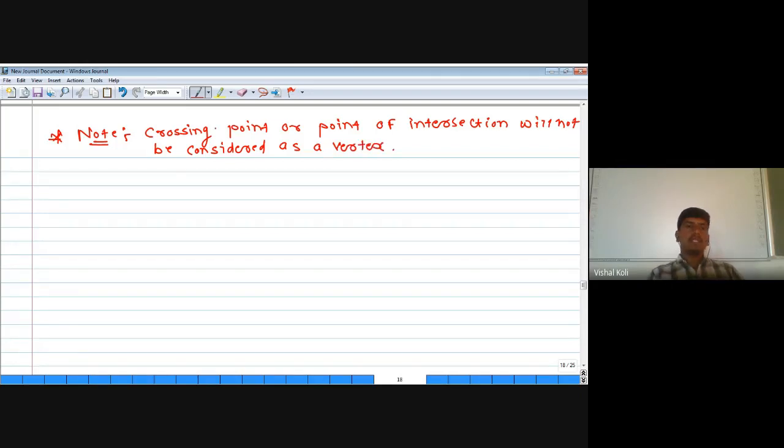That is, if there is any crossing point or point of intersection, then that point cannot be considered as a vertex.